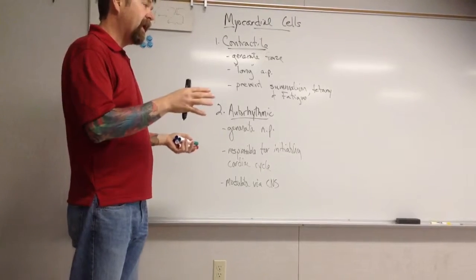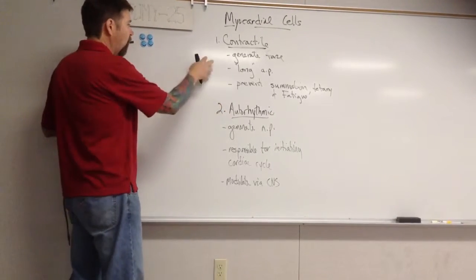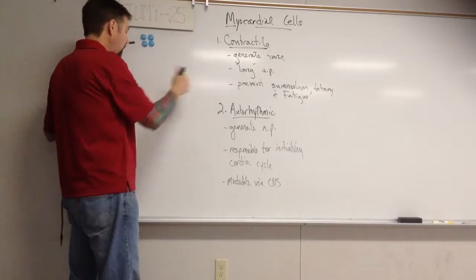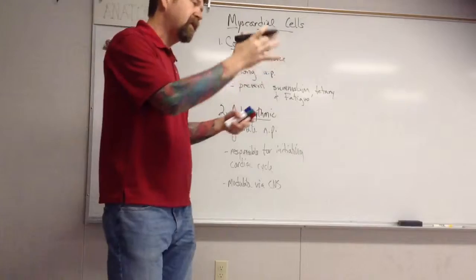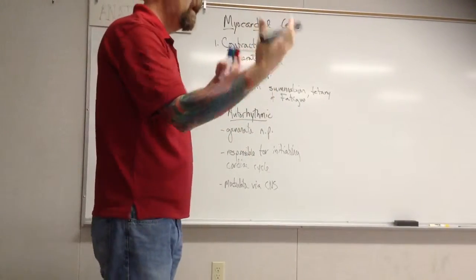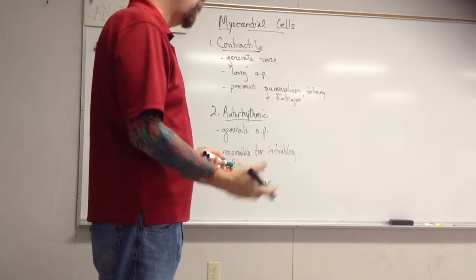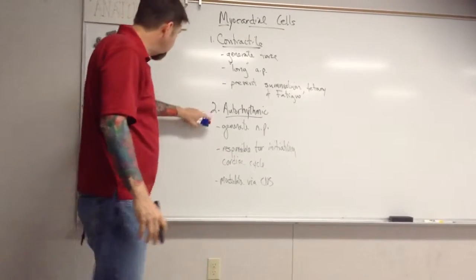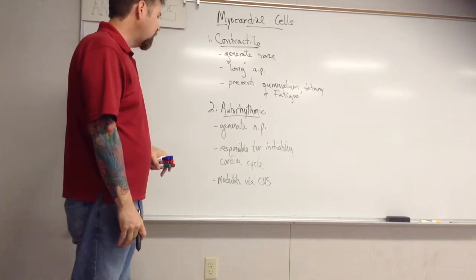And we saw that we can look at that electrical activity and coordinate it with the mechanical activity by studying the events of the cardiac cycle. And we looked at the EKG tracing and we labeled it and we said this is when atria depolarize and contract, ventricles depolarize and contract, and so forth. Right? And that's just in response to these autorhythmic cells initiating all of the events of the cardiac cycle.